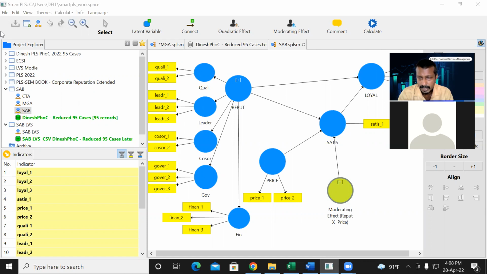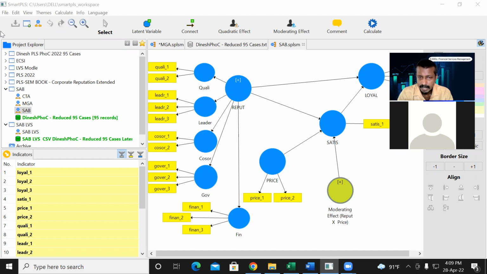Third, I will do something about tetrad analysis, confirmatory tetrad analysis. I mentioned that in PLS, another unique thing is how to assess the measurement model indicators, whether they are formative or reflective. But if you look at AMOS-like software, SEM, you will see only reflective models, right?